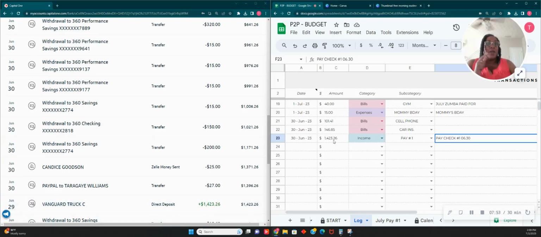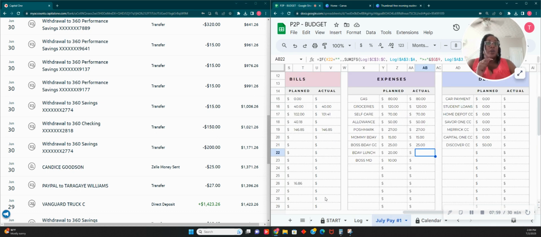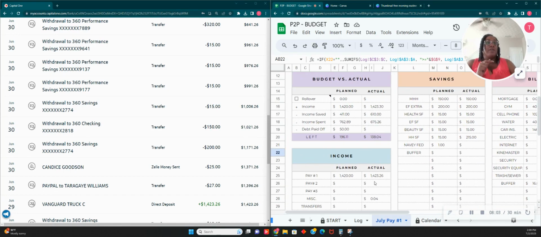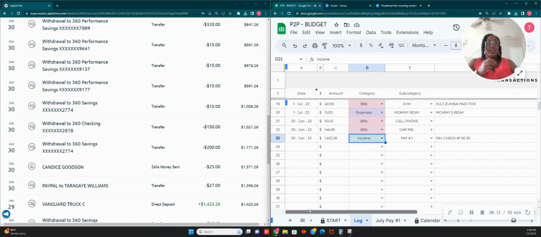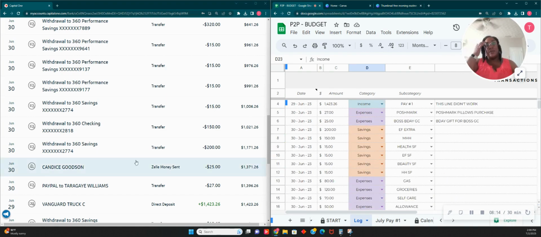Perfect. That came out. And once I logged it here as income and subcategory of paycheck 1, it auto-filled itself into my budget for paycheck number 1 of income for 1423.26, which is kind of cool, but it took me a while to understand.